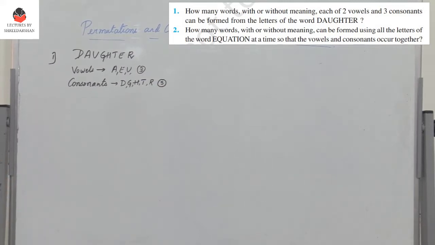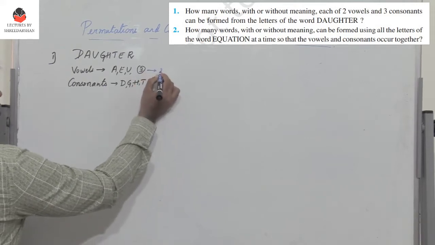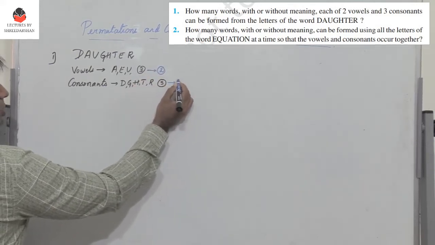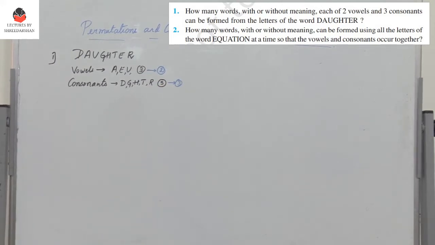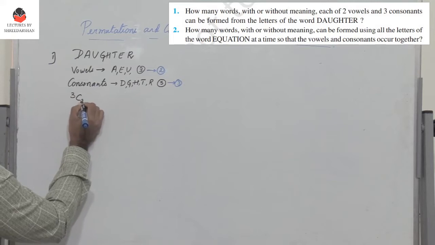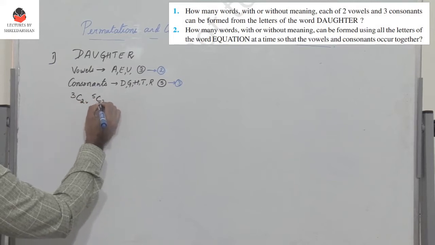Given in the problem, we need to find the number of words which can be formed from 2 vowels and 3 consonants, right? So out of 3, I have to select 2, and out of 5, I have to select 3. So it's going to be 3C2 into 5C3.